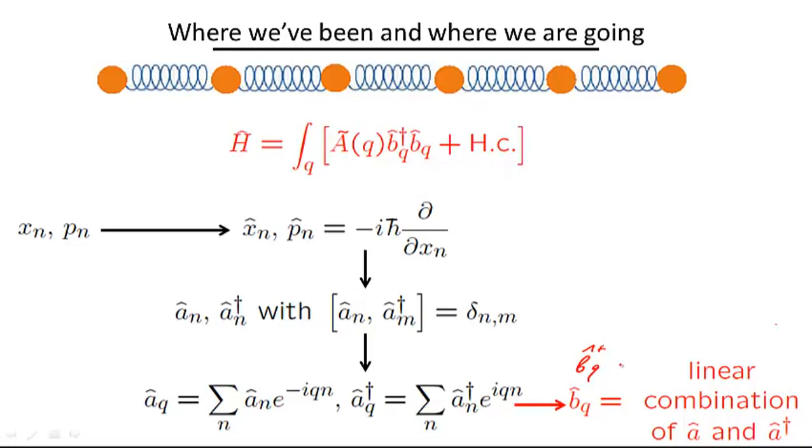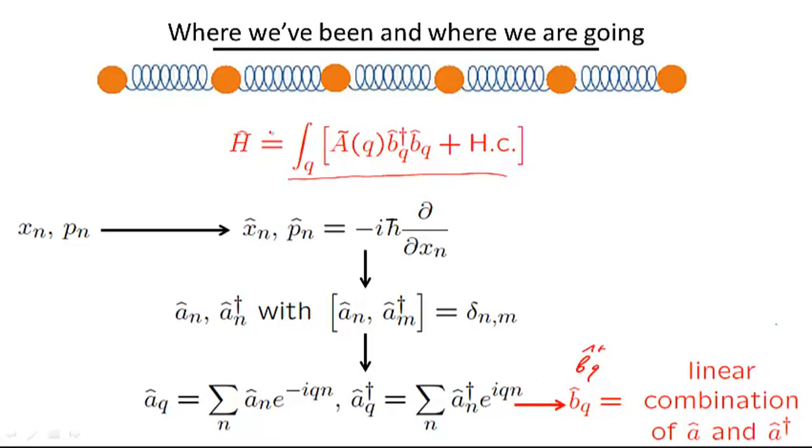Let's assume that we can construct this B and B dagger as a linear combination of A and A dagger in such a way that the new Hamiltonian won't have the bad terms. By bad terms, I mean the terms that we don't know how to deal with. Instead, we'll have only this standard combination of B dagger and B, for which the spectrum is obvious. And this essentially would mean to solve the problem.